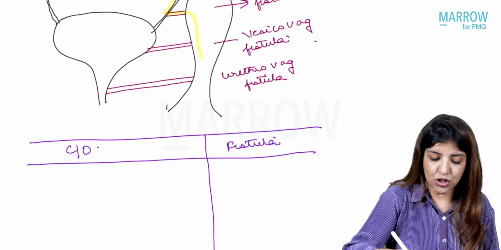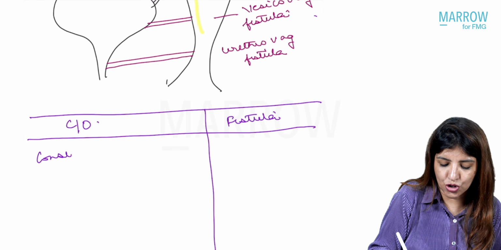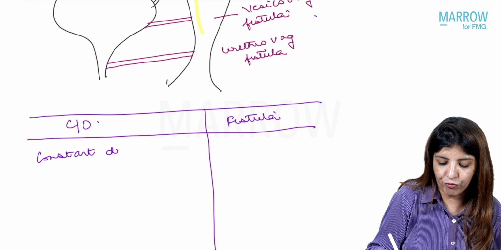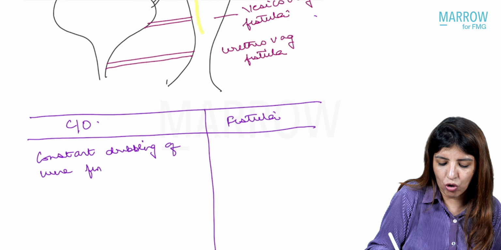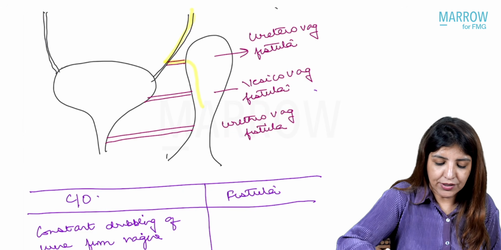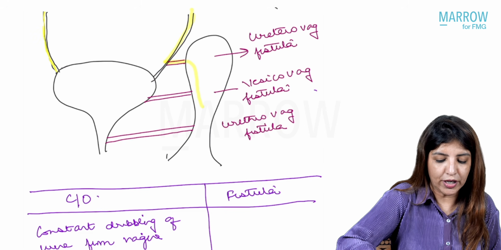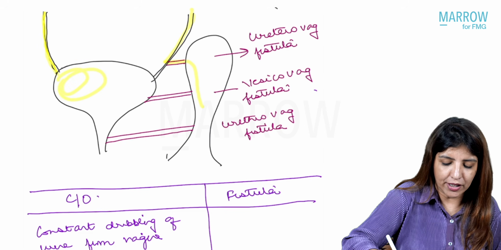So this patient is going to say that she has constant dribbling of urine from her vagina. Agreed?